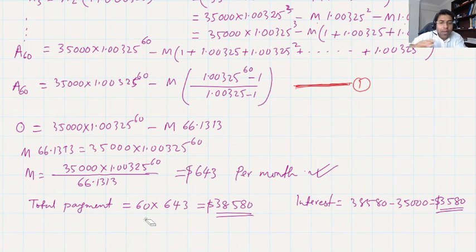So 60 payments of that amount make $38,580 total. Now you can easily tell the interest you are paying, because you borrowed only $35,000 but you are paying 38,580. So the difference is your interest, which is $3,580. You are paying that interest over the whole term, which is 5 years.